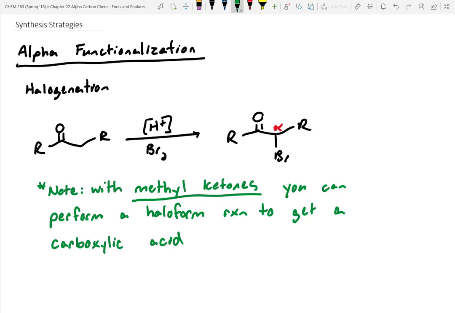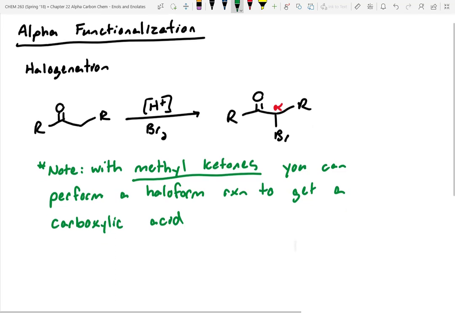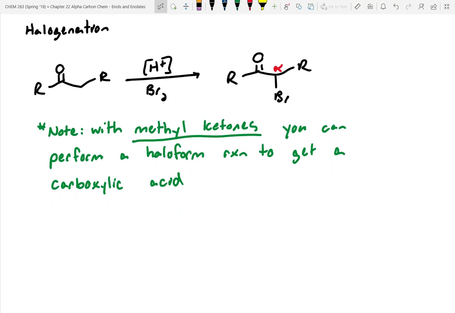So that was the one we did in lab, right, with bleach and sodium hydroxide. That only works with methyl ketones. If you've got an ethyl ketone or any other type of ketone, it doesn't work very well. So it only works well with methyl ketones. All right, so that was one of the halogenation ones we saw.